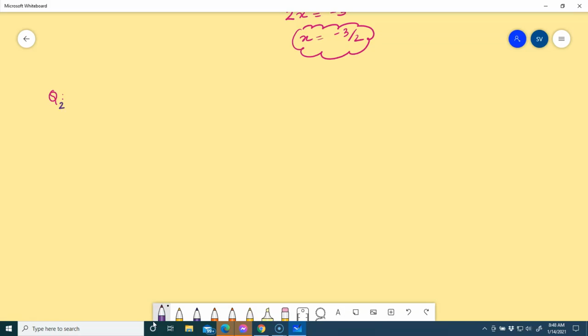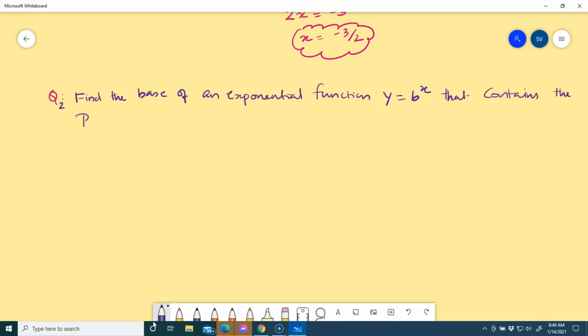Okay, find the base of an exponential function y is equal to b raised to x that contains the point negative 1/3 and 1/4. This is kind of an interesting question. Probably this will be a very easy question.